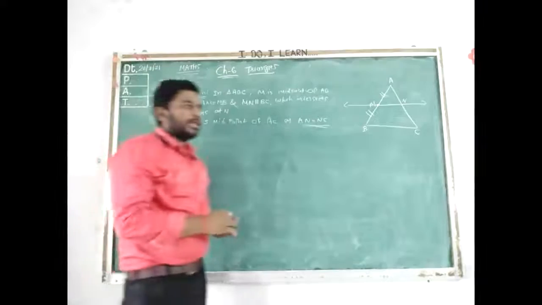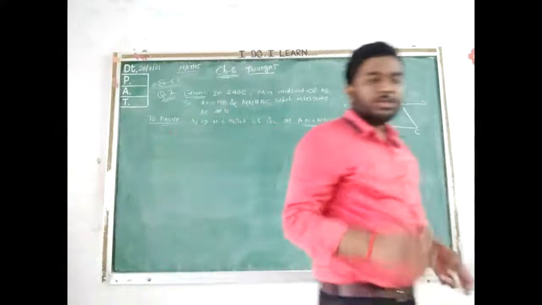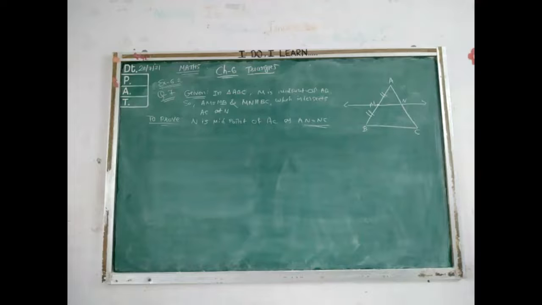Given and to prove, did you understand, everyone? Just go through it quickly, and if you still have doubt, then you can ask. Just read the question and see the given and to prove whatever I had written.